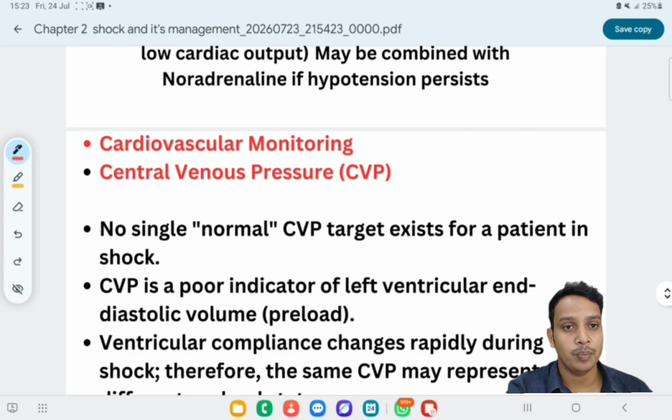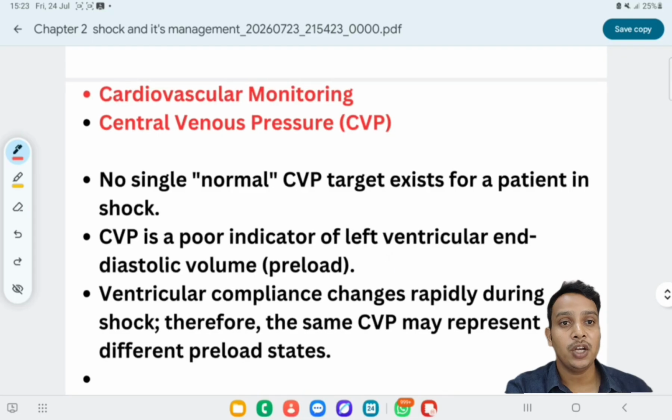There is no normal reference range for the shocked patient because CVP changes with each patient and each different type of shock. CVP is also a poor indicator of our left ventricular end diastolic volume, that is your preload, and ventricular compliance changes rapidly during the stages of shock and resuscitation. So CVP will differ based on your various resuscitation and various stages of shock.